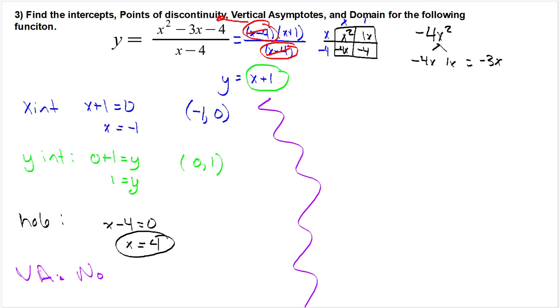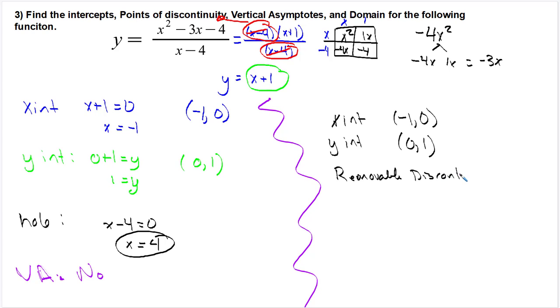And so we're going to summarize this by saying we have an x-intercept at -1, 0. We have a y-intercept at 0, 1. We have a removable discontinuity at x equals 4.